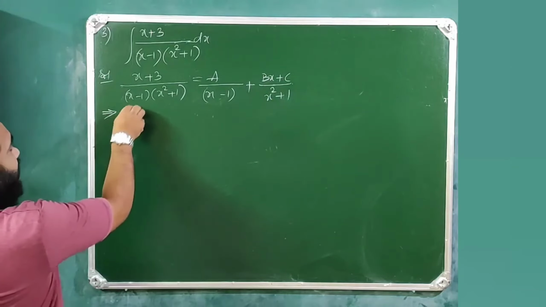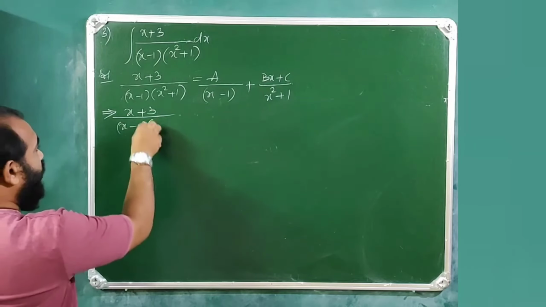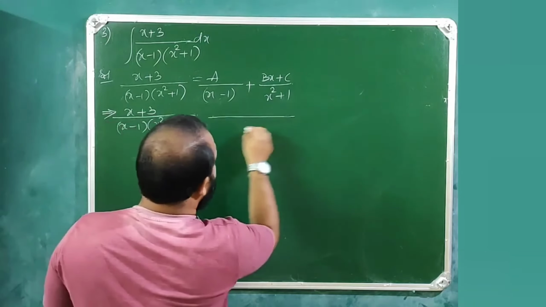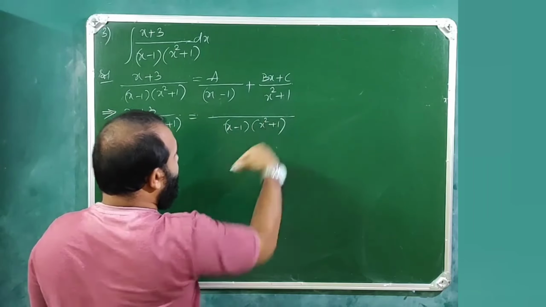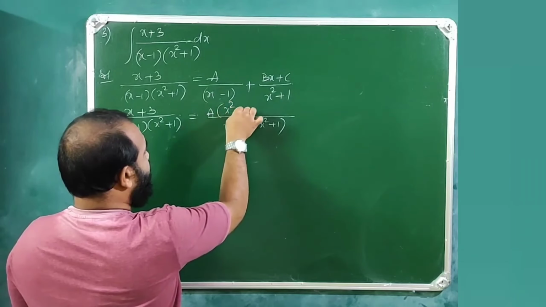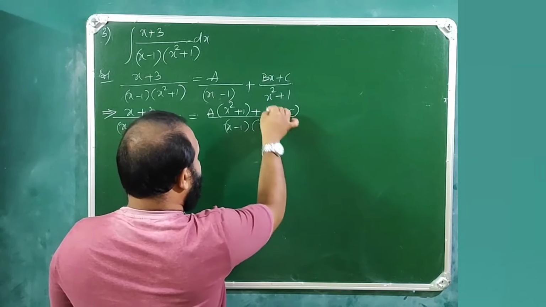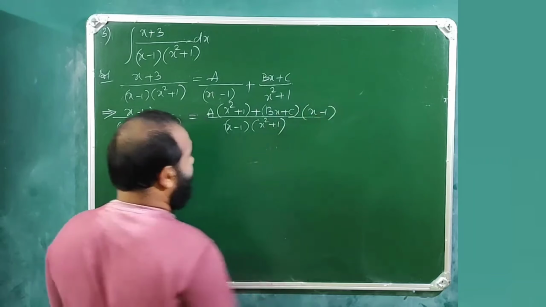This implies x plus 3 by x minus 1 into x square plus 1 is equal to, the LCM is x minus 1 into x square plus 1, a into x square plus 1 plus bx plus c into x minus 1.